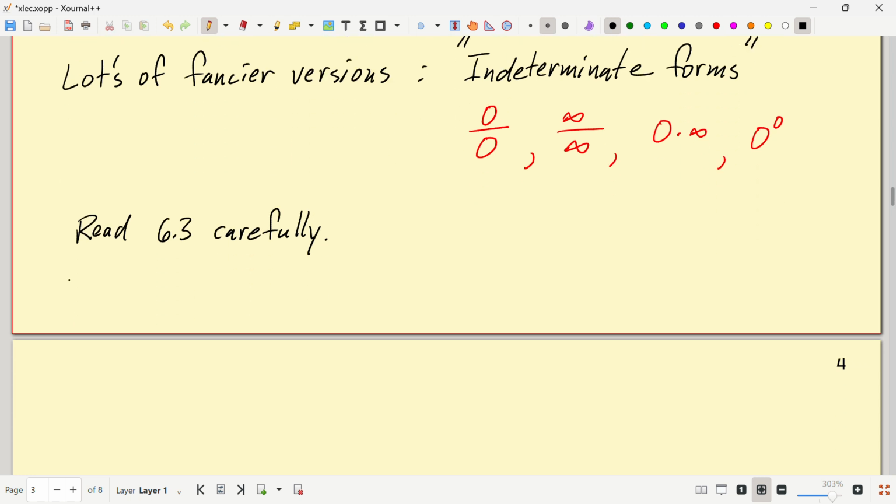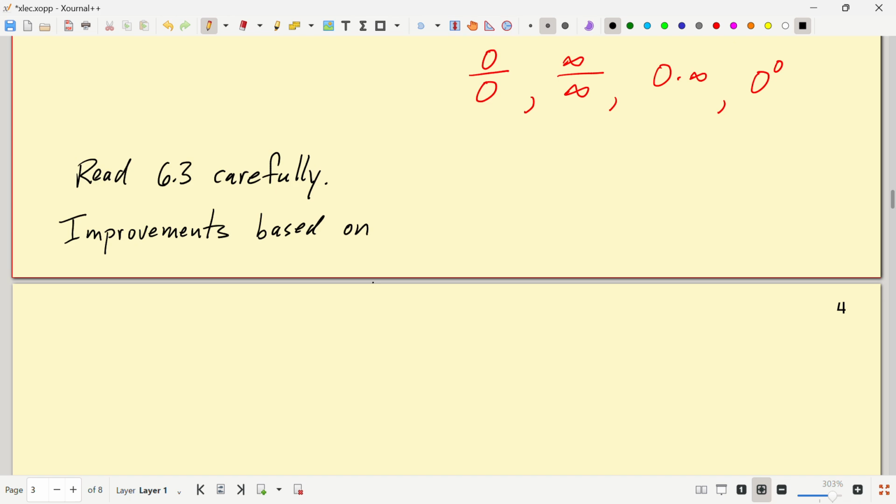But the improvements are based on a famous thing. I guess in some books I've seen this called the extended mean value theorem.